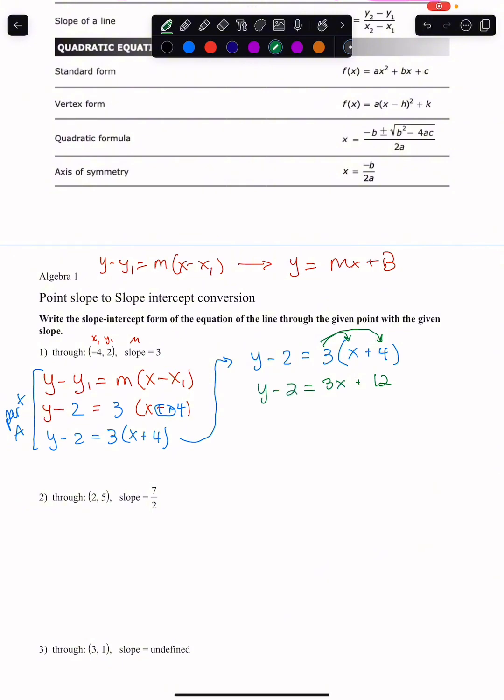And now what I want to do is isolate the y. In other words, I want to get this y by itself. But this minus 2 is in the way. And when we did one-step equations, we had to do the inverse. So we have to do the inverse of minus 2, and that's going to be plus 2.